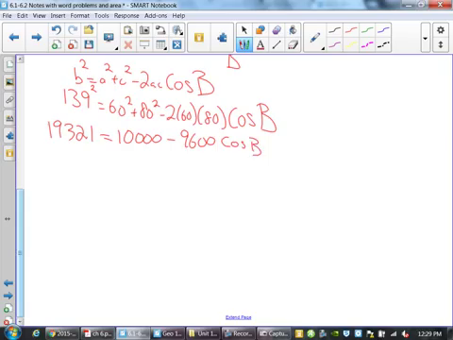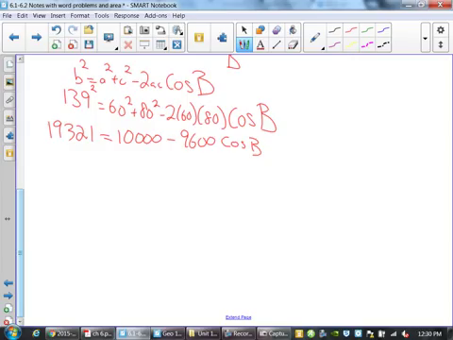So I'm there. Now I'm at a pretty straightforward 2-step equation. So I'll take the 19,321, subtract 10,000, hit enter. Divide that by negative 9,600 and hit enter. So right now my calculator is leaving me a fraction, not a decimal. But I know that this fractional amount has to equal the cosine of angle B. It's a negative value, which means it's going to be an obtuse angle because it puts you in the second quadrant.